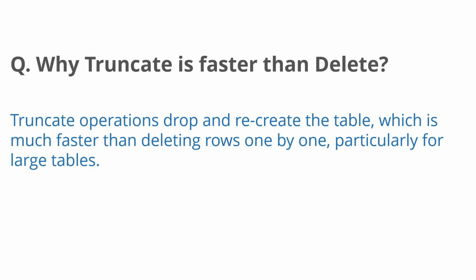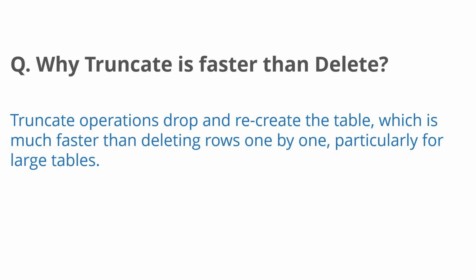While when we use the delete command for the same purpose, it deletes rows one by one. Now suppose you have 50 lakh or 1 crore of data in your table. Then the delete command will obviously take much time, as it will delete the rows one by one. That's why if you want to delete all the rows of a table, then we should go for the truncate command, as it is faster than the delete command.